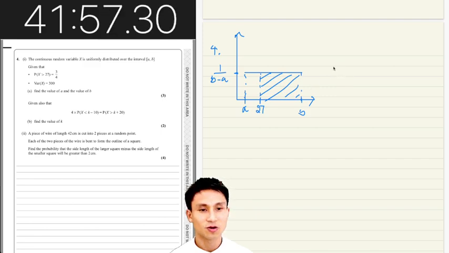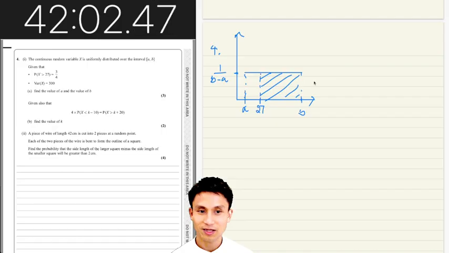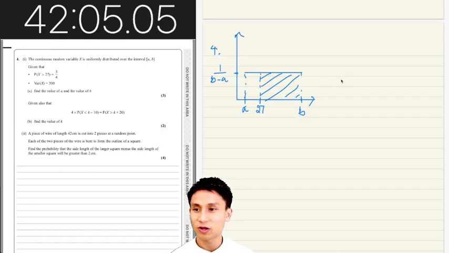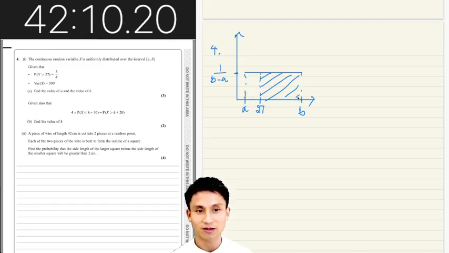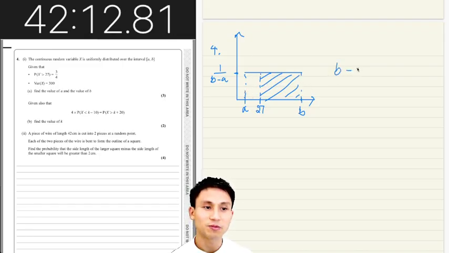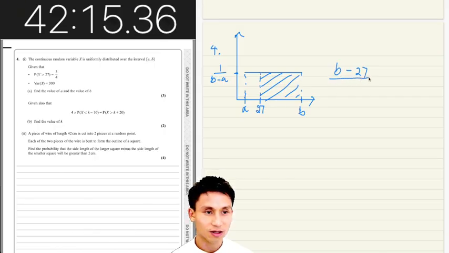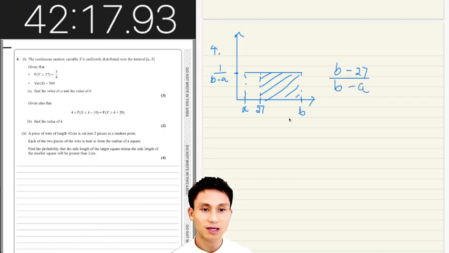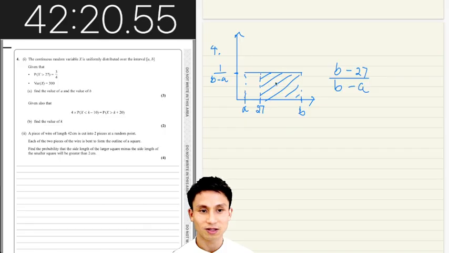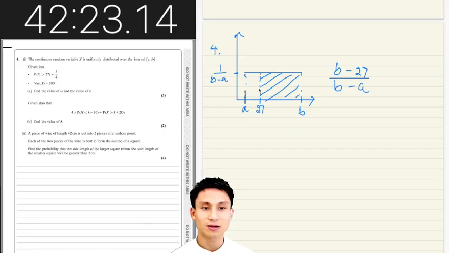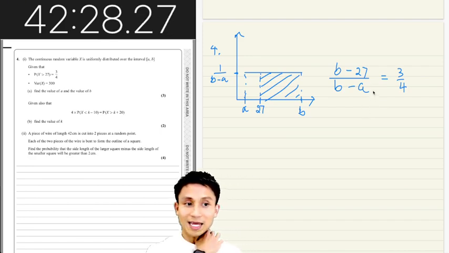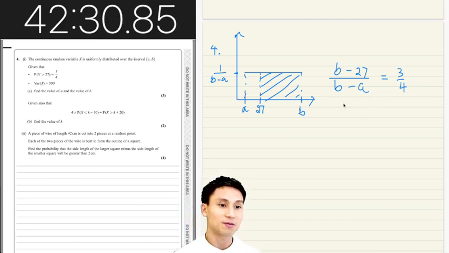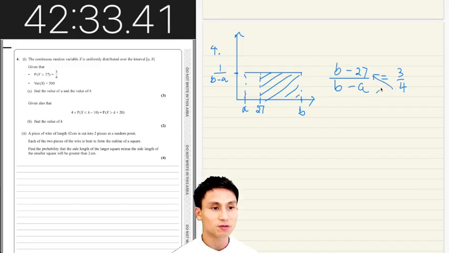Okay. So we can just find the area proportion of this and equate it to 3 over 4. So it's basically like finding the fraction of the area compared to the entire box here, if you like. So that's going to be b minus 27, just this width here, divided by b minus a. Just the proportion of the length over the entire length, right? And that's going to be equal to 3 over 4. So we are getting an equation of b in terms of a. I'm just going to cross multiply here, guys.